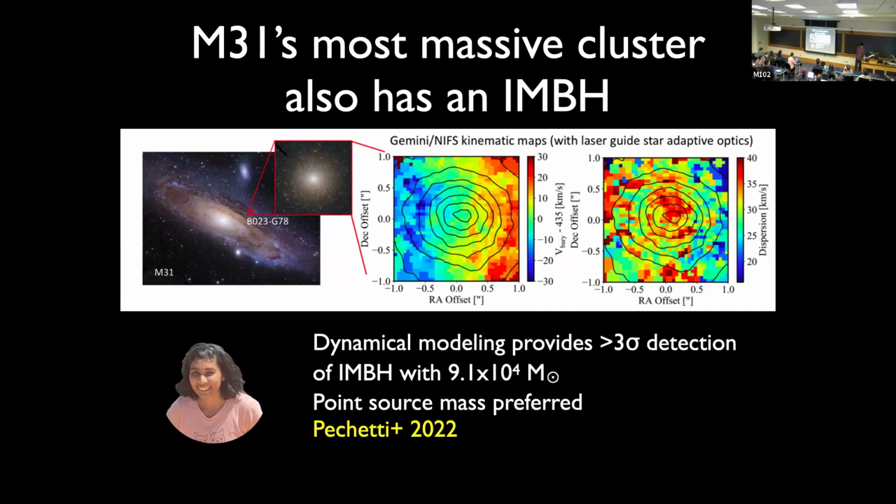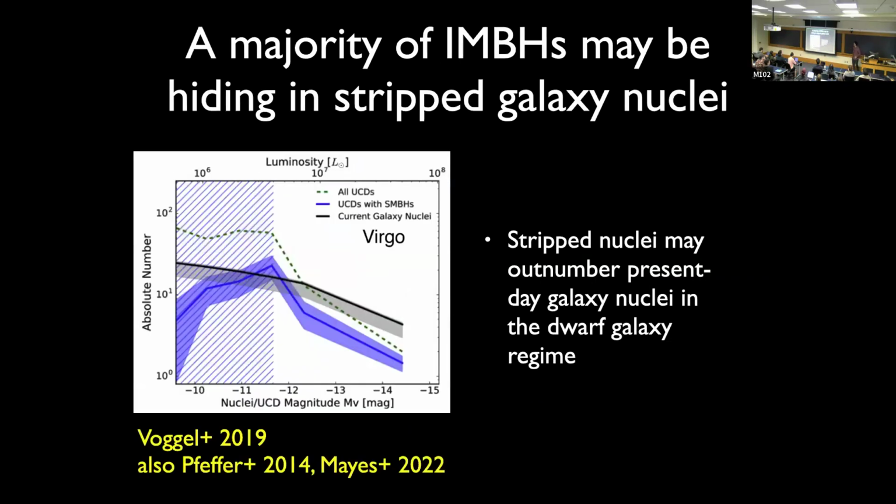And in general, there's some indirect evidence that massive black holes are fairly common in these brighter clusters around galaxies. That indirect evidence is that their integrated velocity dispersions are higher than we'd expect based on their stellar populations.